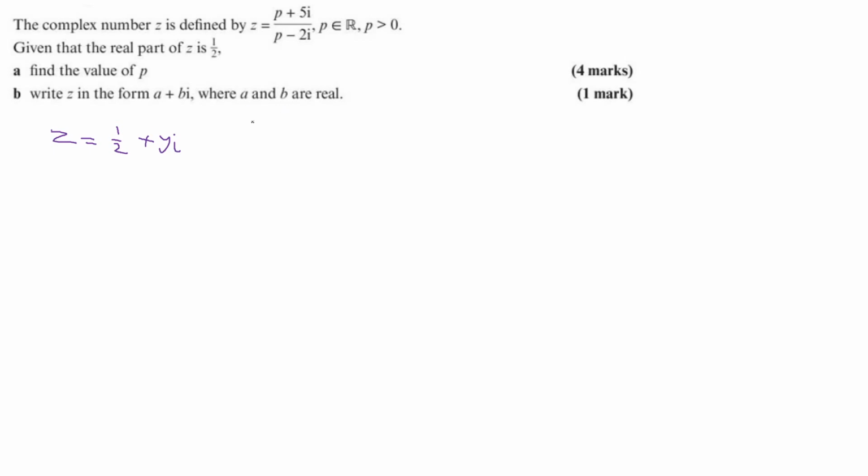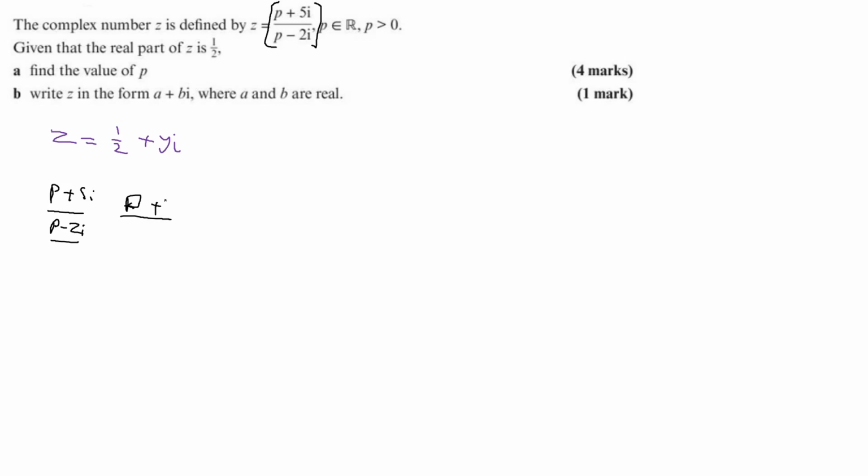So now what we can do is we can, again, rewrite this so that it's all in one line and then compare the coefficients. So p plus 5i over p minus 2i. We're going to first find the complex conjugate of that, which is just going to be p plus 2i.